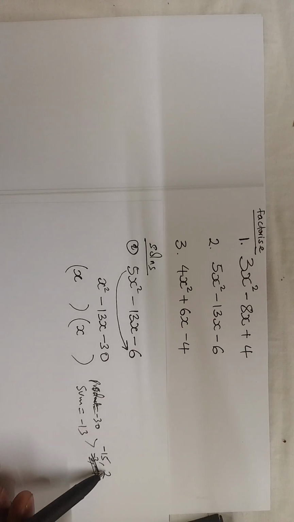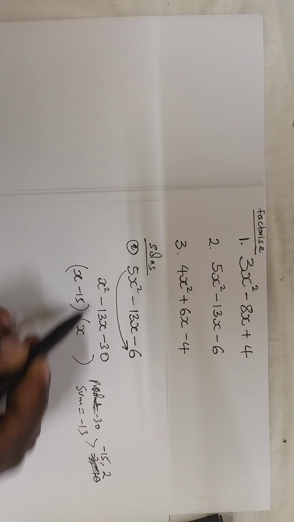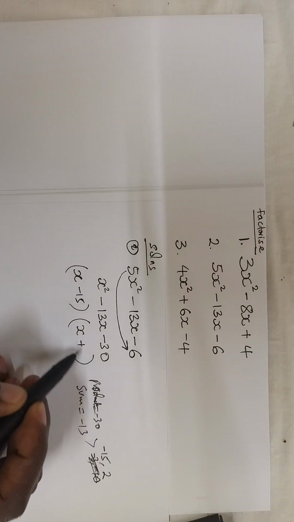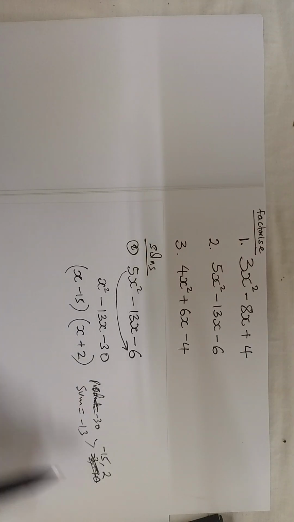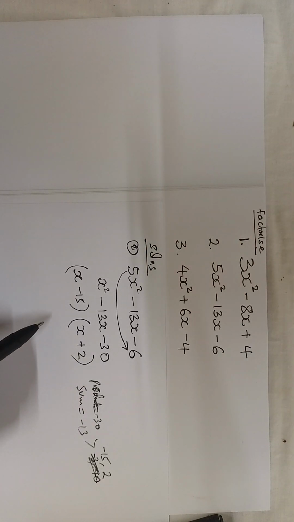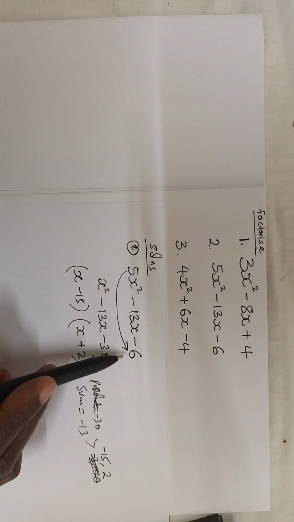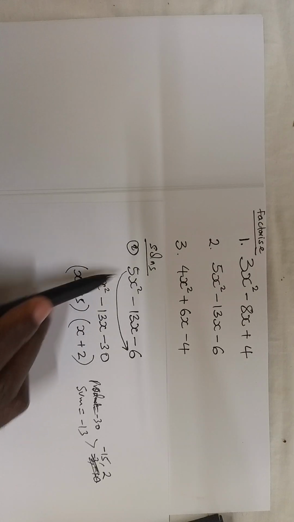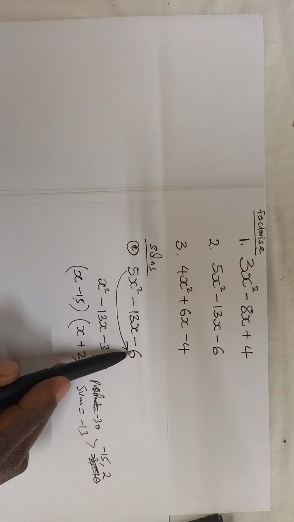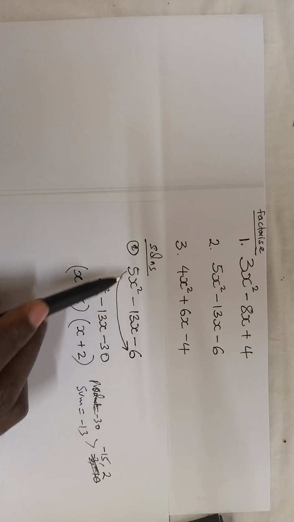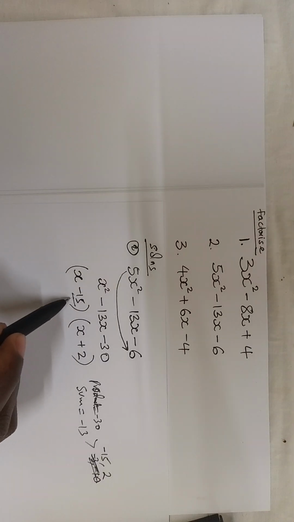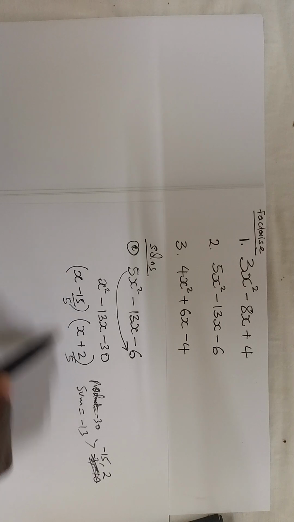So I'll have here negative 15, and here a positive 2. Wonderful. So I now divide by 5, because it's the 5 I moved to this other end. I divide by 5 here, and I divide by 5 here.